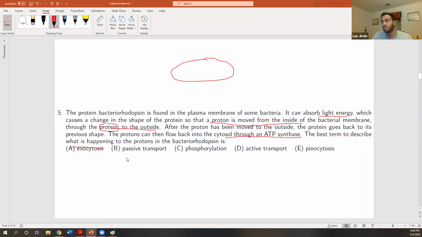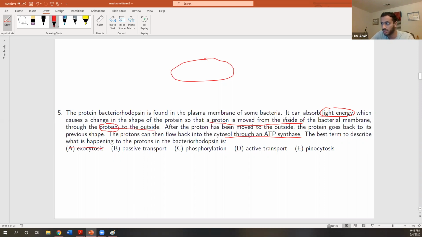B, passive transport. Well, passive transport would be saying that we sort of went through diffusion, right? And the thing is, we're using this light energy, right? If you look at right here, it's saying that a light energy kind of instigated this change. Similarly, in cellular respiration, when you're oxidizing those NADH carriers to NAD+, you're using those electrons as energy to put your protons out.